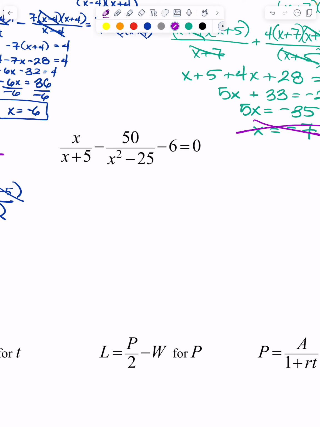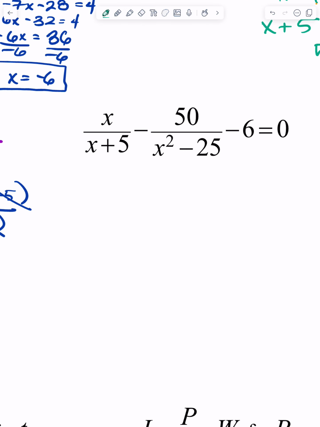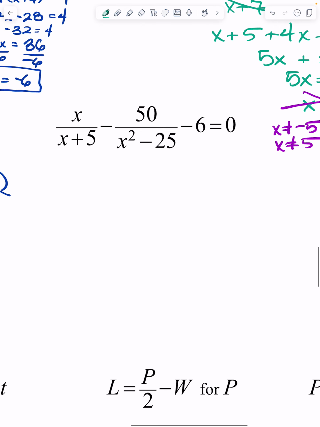So I got x plus 5, so x cannot be negative 5. That x squared minus 25 means that x cannot be positive 5 either. So I got x minus 5 times x plus 5 minus 50, x minus 5 times x plus 5.